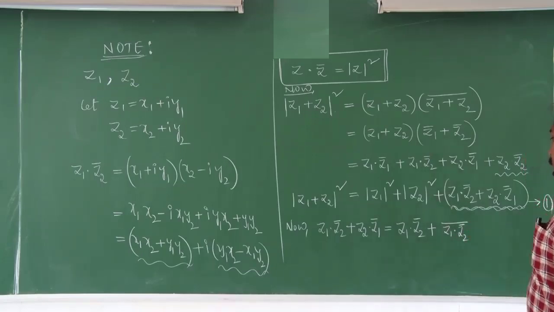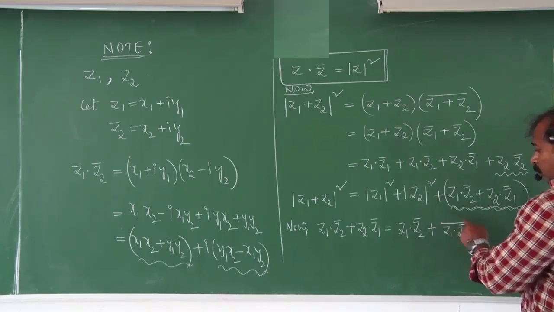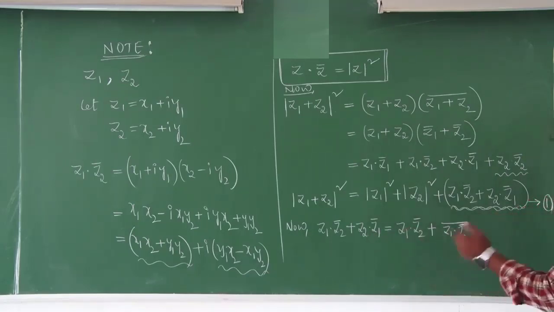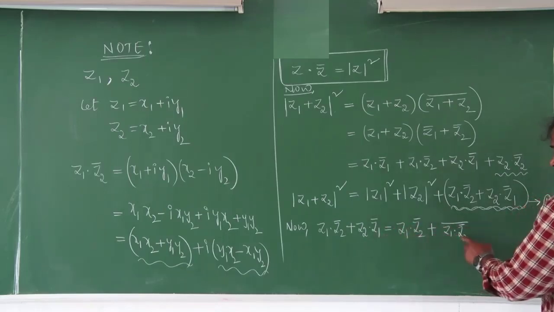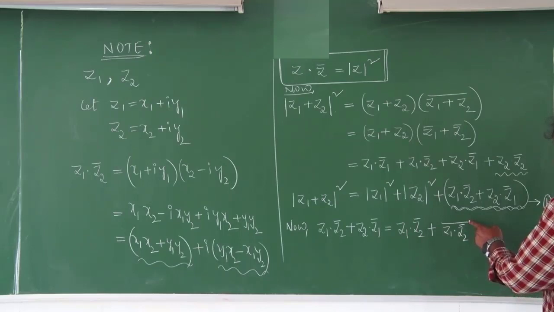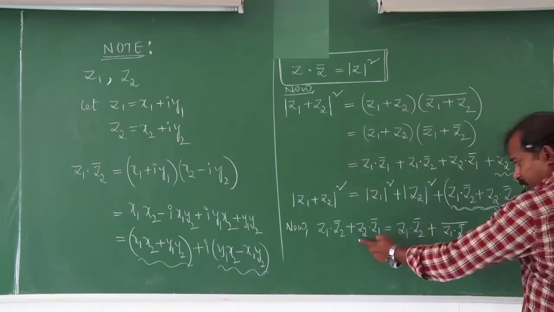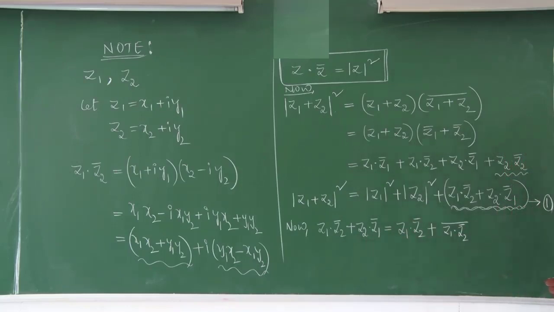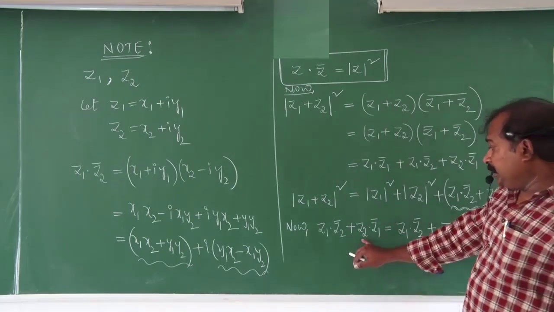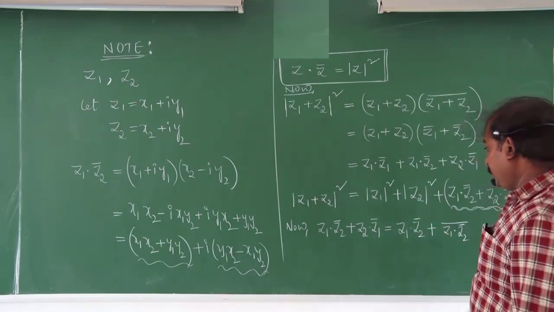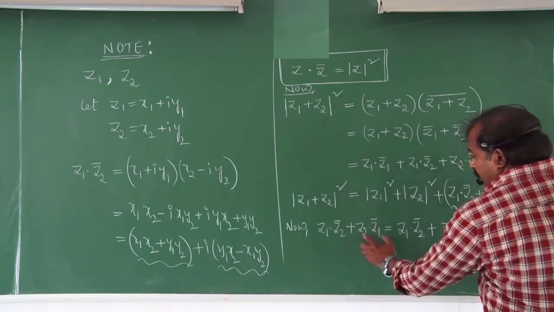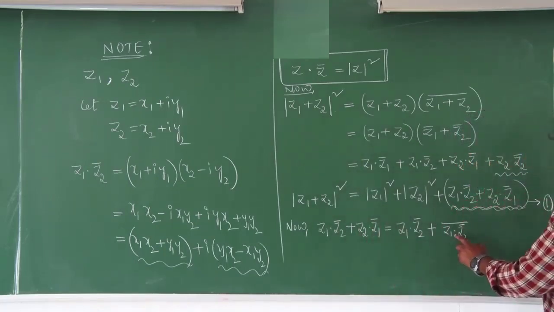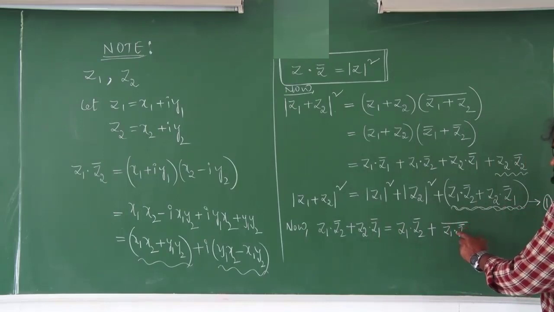Cross check one time. For the second value, z2 into z1 conjugate, I can write z1 conjugate into z2 conjugate, again whole conjugate.